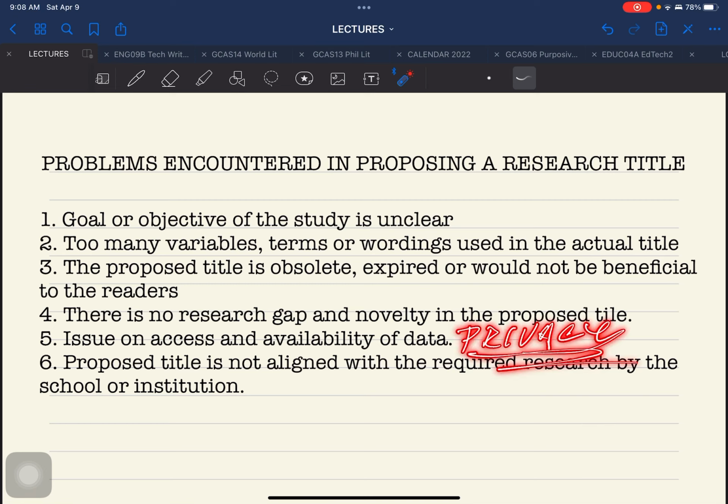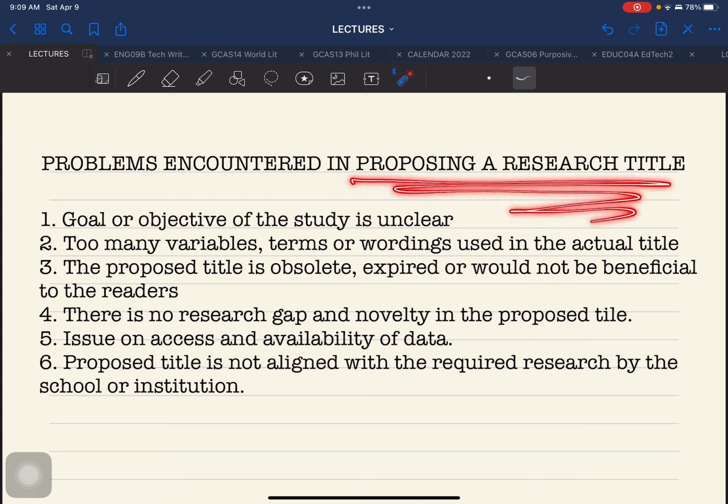And if you will not be allowed to access these particular data, then you will have a problem and your proposed research title will not be approved. It definitely will not be approved if you will have problems in the access and availability of the data. So again, this is something that you need to consider when proposing a research title.